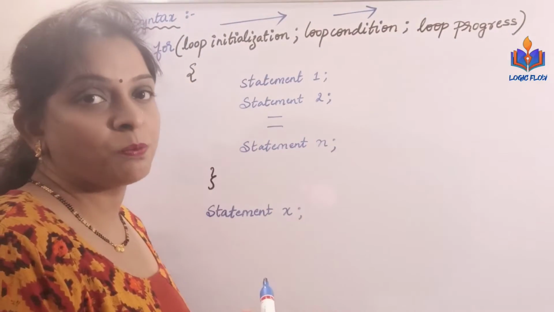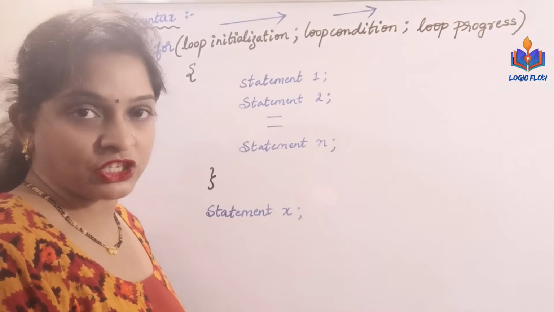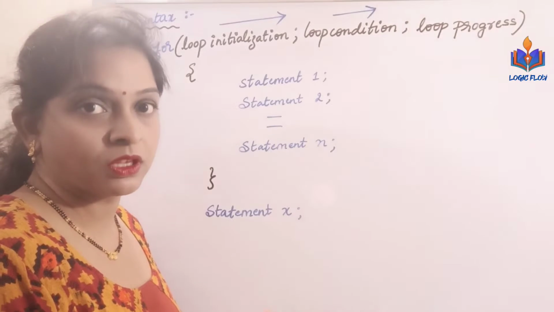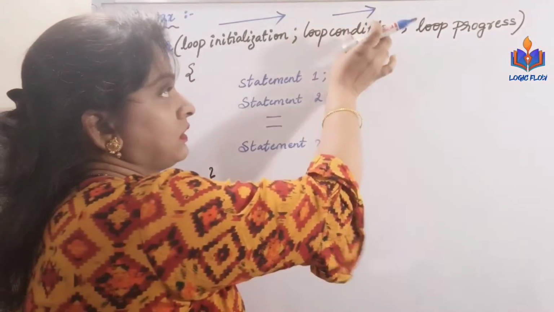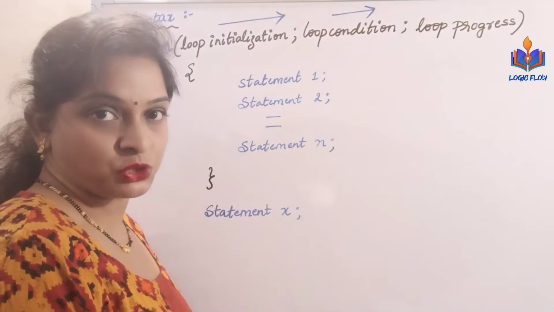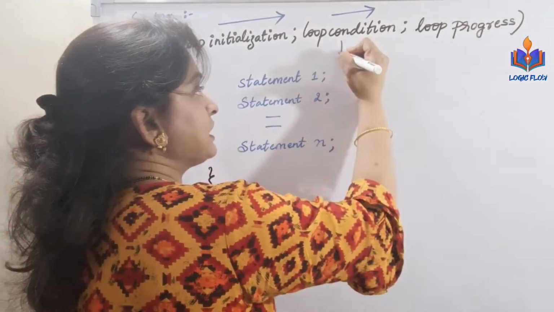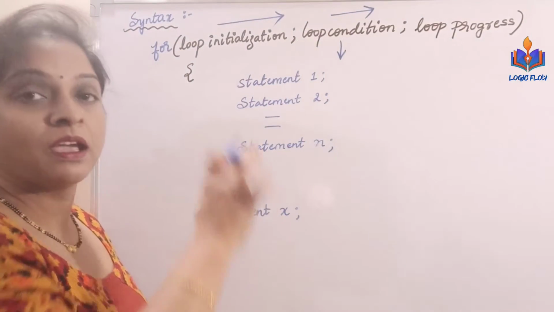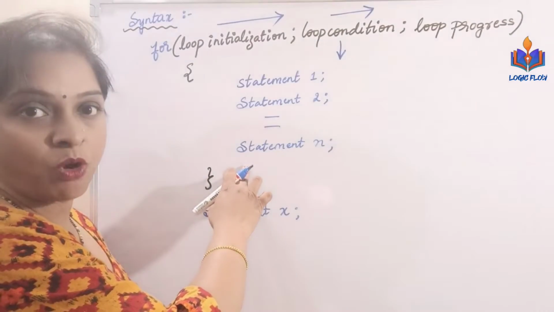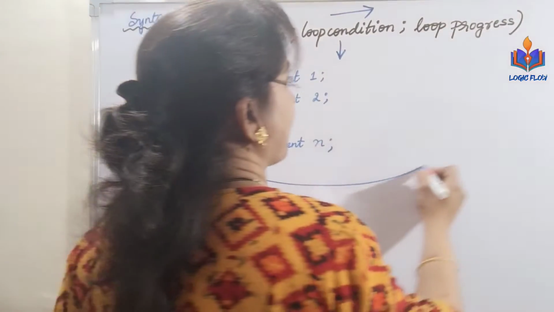Based on the loop condition, if it evaluates as true, we usually put some relational expression there. If that condition evaluates as true, then it has to get inside the loop and execute this complete block of statements. After executing this complete block of statements, it has to loop back.